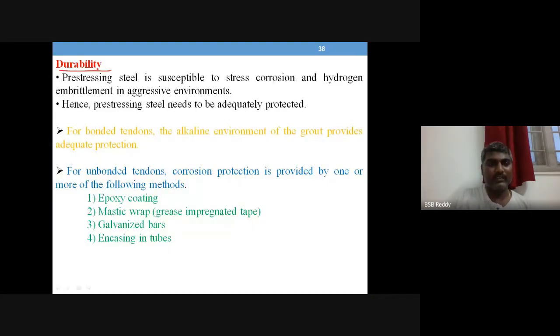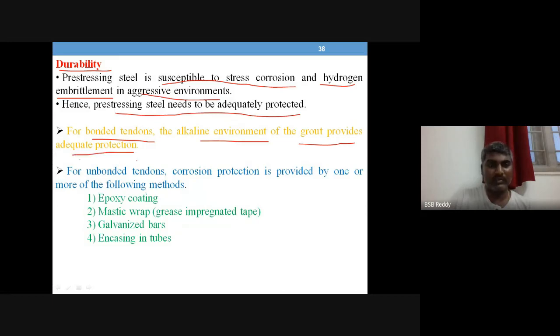Durability. Pre-stressing steel is susceptible to stress corrosion and hydrogen embrittlement in aggressive environments, hence it needs to be adequately protected. For bonded tendons, the alkaline environment of the grout provides adequate protection.